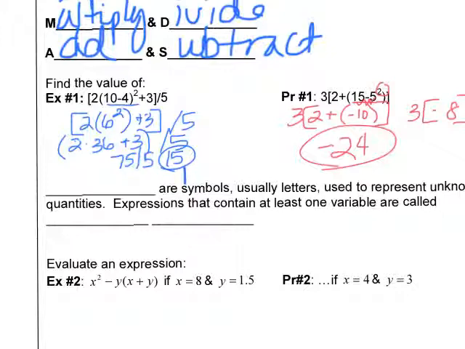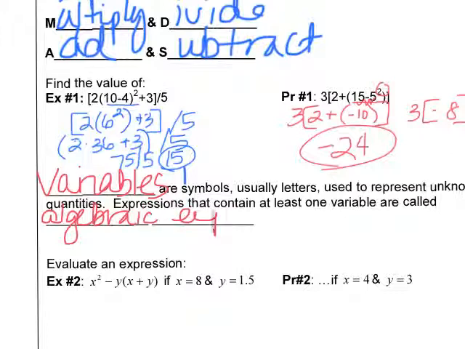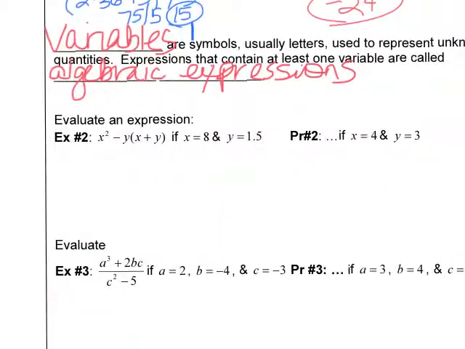Okay, good. All right, so going on down here. Symbols, letters that we use to represent unknowns are called variables. Expressions that contain at least one variable are called algebraic expressions. Evaluate an expression.